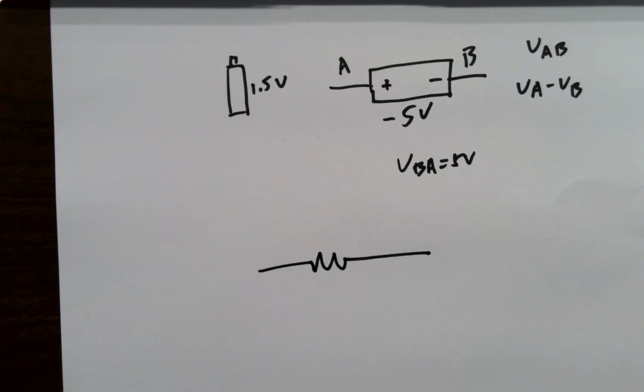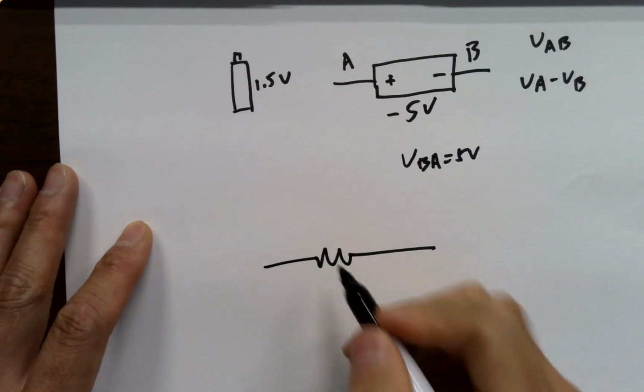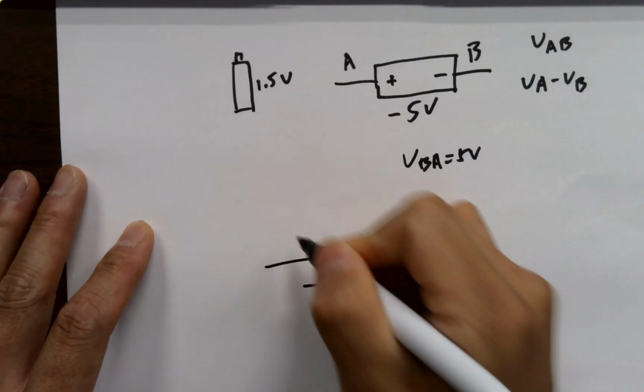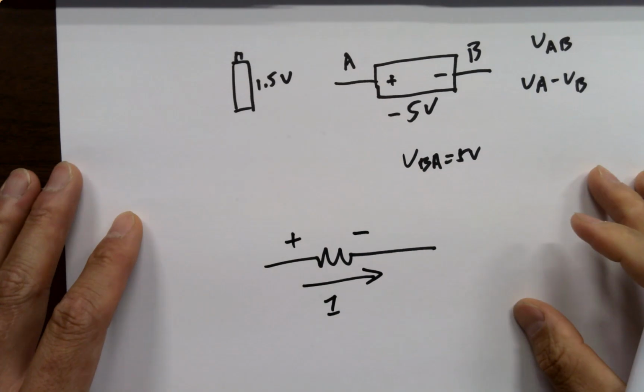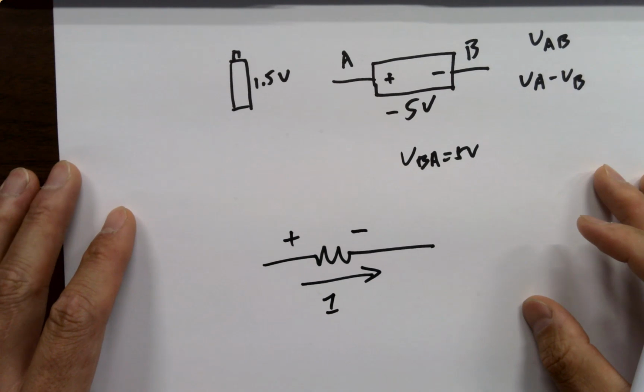Okay? Ohm's law. You run a current through a resistor, you get a voltage drop. That's it. Current, voltage drop.